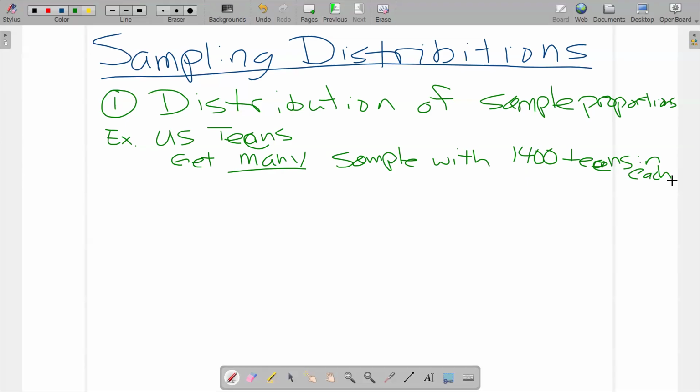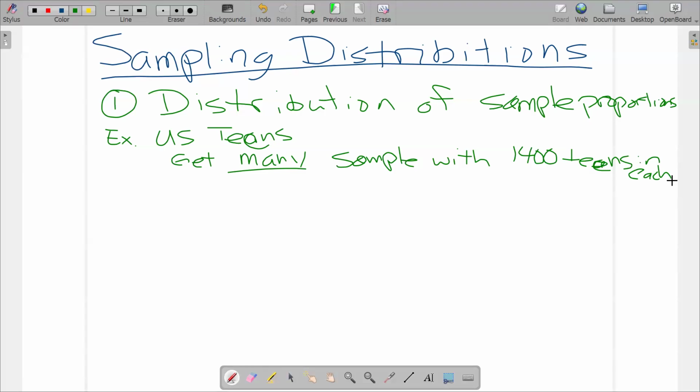So somewhere I find a list of teens in the US. Maybe I get phone numbers or addresses. And there's going to be, say, how many are there going to be? There's like 300 and something million people in the US. Maybe 10% of those are teens. So maybe I'm looking at like 25, 30 million teens I have a list of. And from that list, I'm going to grab randomly 1,400 and then another 1,400 and then another 1,400. I'm going to do that over and over again.